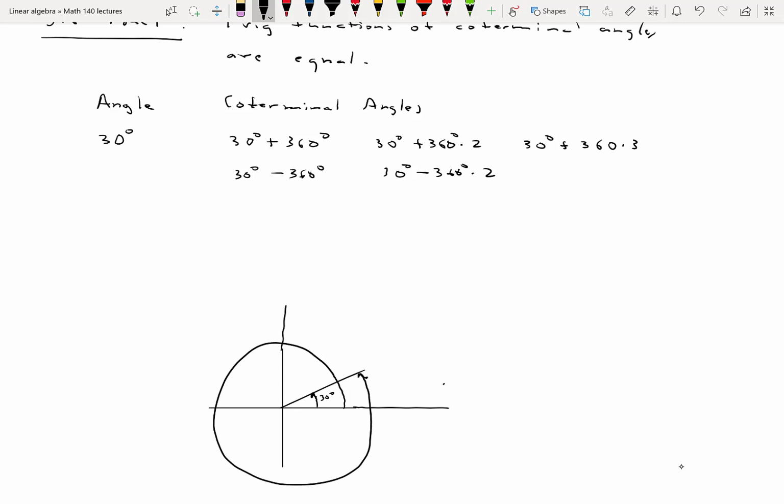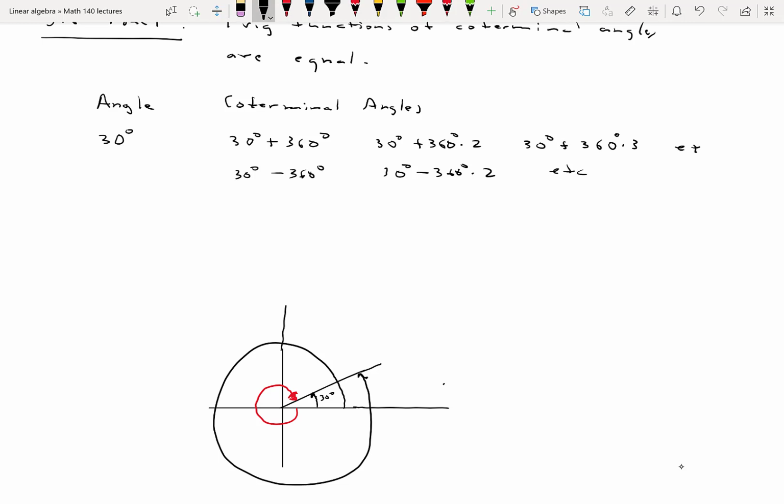That's the 390 we were talking about. The red angle is 30 degrees minus 360. We end up in the same place. If we add 360 any number of times, or subtract 360 any number of times, we get coterminal angles.